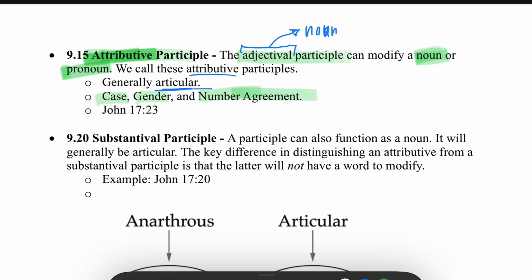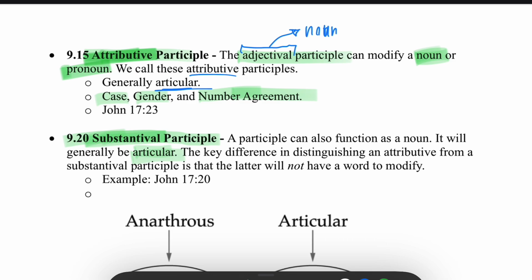And then the third type of participle is the substantival participle. This is when the participle itself is functioning as a noun. So this is going to be generally articular. So there's usually going to be either ha or hey or some inflection of that.